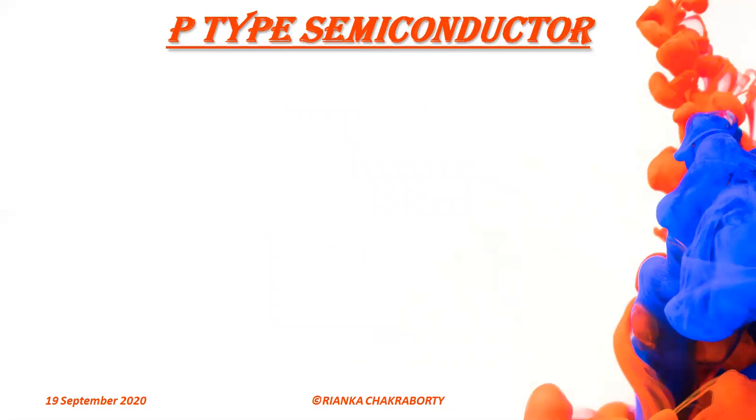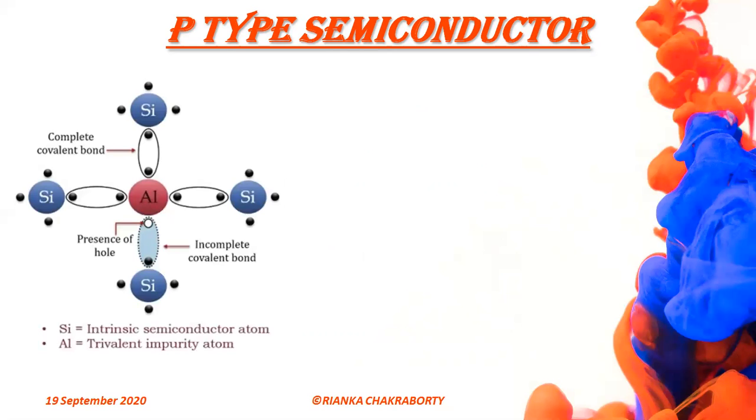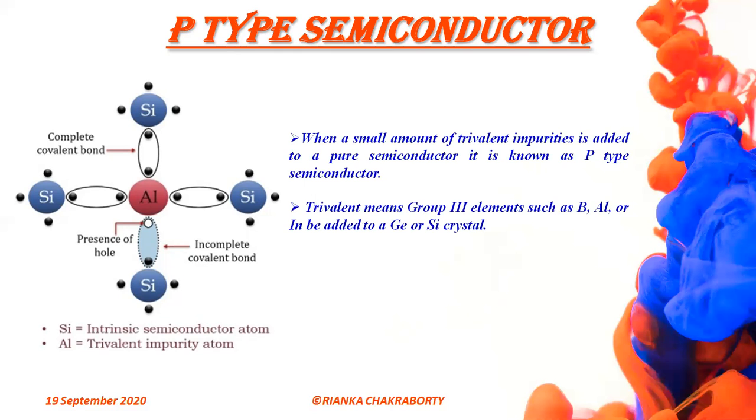Now, what is a P-type semiconductor? When we add a trivalent impurity to a pure semiconductor, that is called a P-type semiconductor. Let a small amount of a group 3 element like aluminium be added to an intrinsic silicon semiconductor. If a trivalent impurity atom replaces the silicon atom, only 3 of the 4 covalent bonds can be filled.